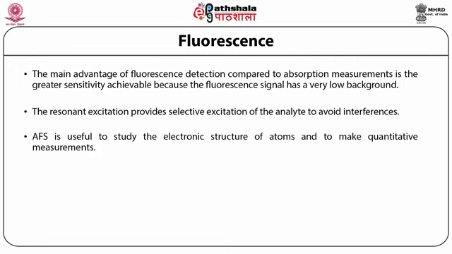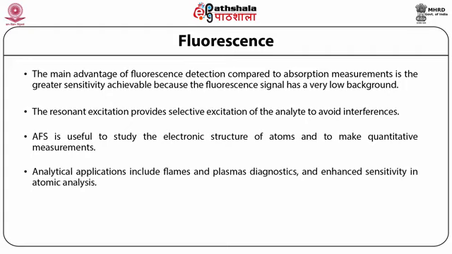So atomic fluorescence is useful to study the electronic structure of atoms and to make quantitative measurements. Analytical applications include flames and plasma diagnostics and enhanced sensitivity in atomic analysis.